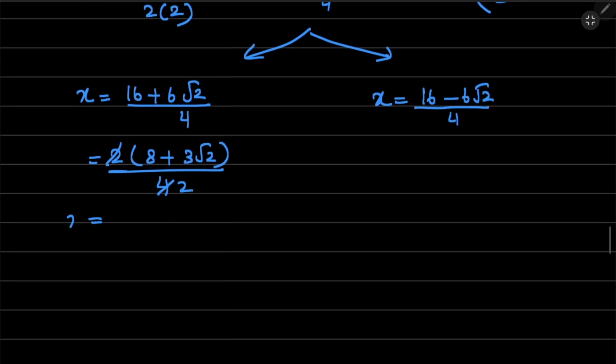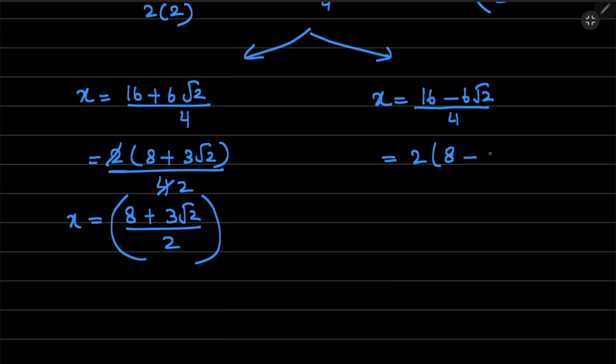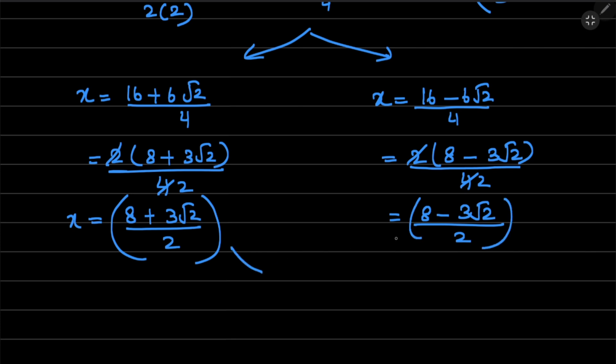So what remains is x equal to 8 plus 3 root 2 by 2. This is one value. The other value will be, take again 2 common out. You have 8 minus 3 root 2 by 4. So what you are left with is 8 minus 3 root 2 by 2. These are the two roots of the given equation.